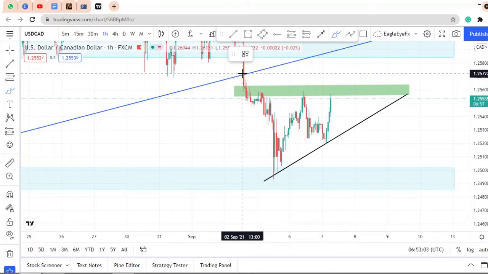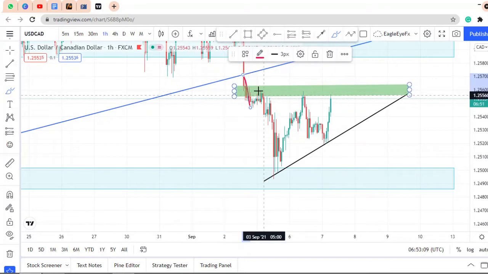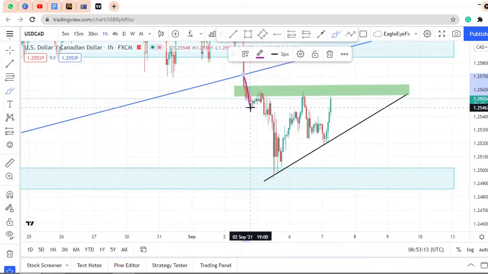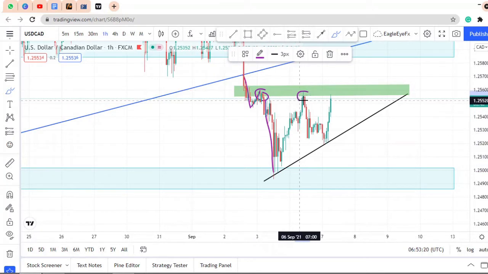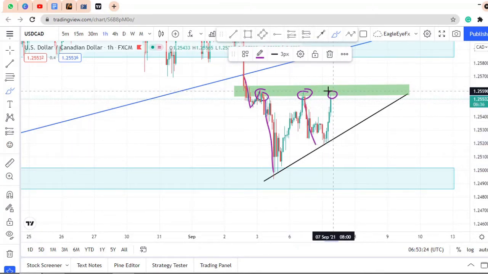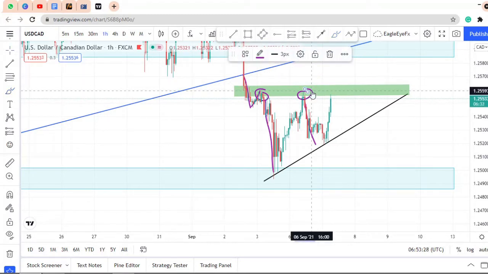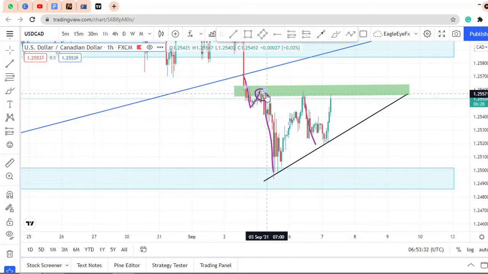It has been able to break this level here, this zone here, and then came to find support to the down, came again here, was rejected to the down, and then it's here again. So that's why I said that I will be interested in sales.